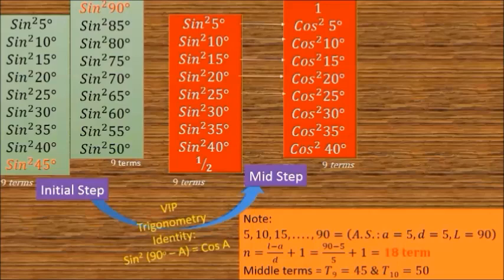Also second arrow for sine square 10 plus cosine square 10, go down till sine square 40 plus cosine square 40, it's 1. Notice we have the half of sine 45, and we have also above the 1. It is the sine of 90. And now we have 8 arrows equals 8 plus 1 plus half.